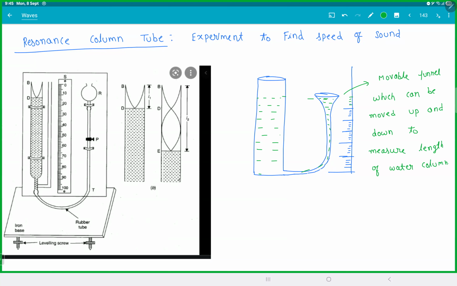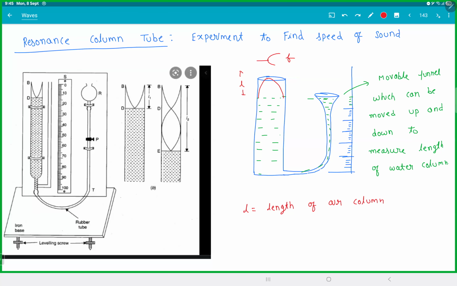Then what you do in the experiment, you take a tuning fork, then you send waves here and you get standing waves here. Let this be L1. So L1 will be the length of the air column, and that you can get by subtracting the water level from the total length of the pipe. Is the setup clear?